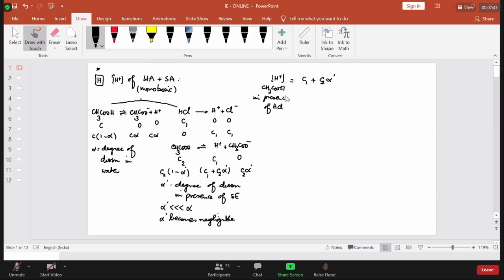But alpha dash is very much less, so it becomes negligible, not countable, due to the common ion effect. Therefore, the resultant H plus ion concentration is never controlled by the weak electrolyte. It is always controlled by the strong electrolyte. Remember that point.